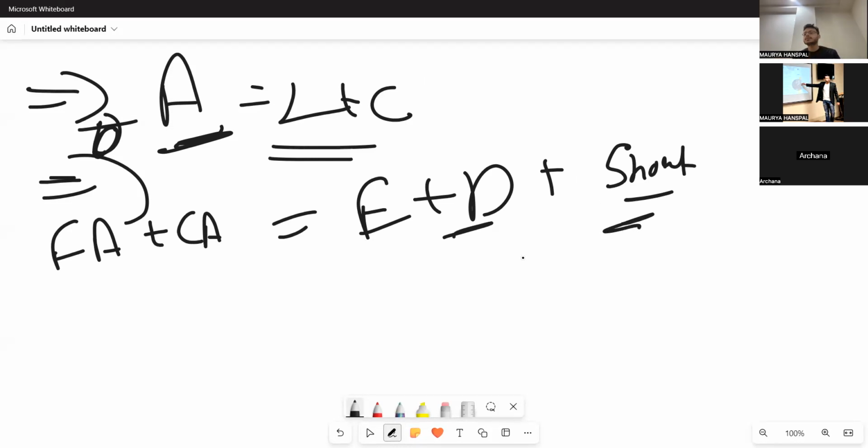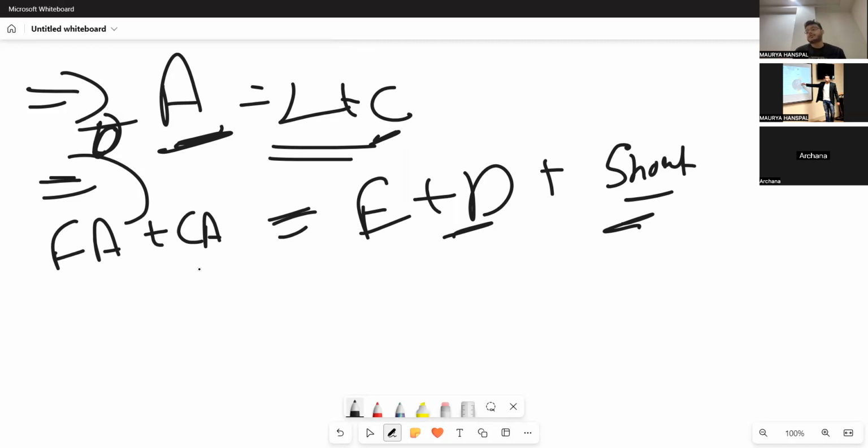So the simple balance sheet equation of assets equals liabilities plus capital is broken down into assets being fixed assets and current assets, the liabilities being short-term liabilities, and the capital being equity and long-term debt. So that is the basic balance sheet equation that we tend to talk about, right?